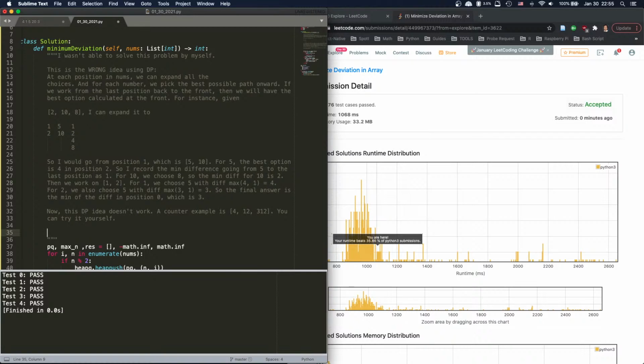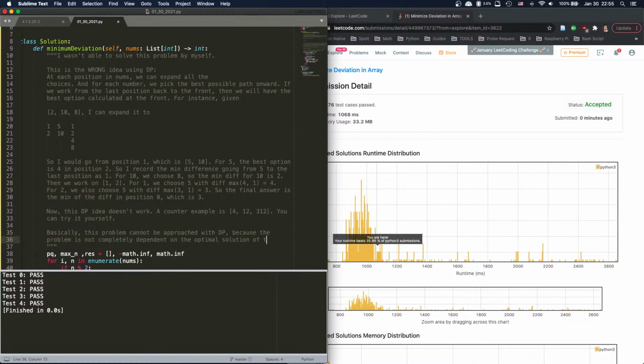So basically, this problem cannot be approached with DP because the problem is not completely dependent on the optimal solution of the subproblem.